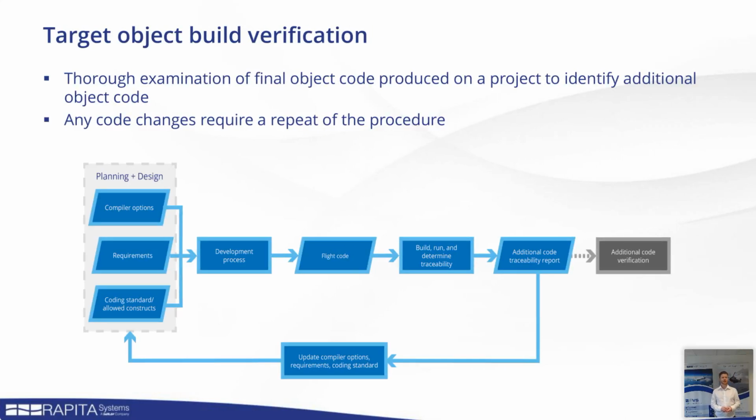In terms of the target object build verification, the approach here is you go through all of your normal development process. At the very end, you have a candidate executable image, and you analyze that for traceability.